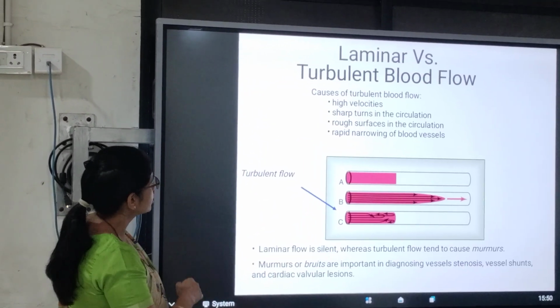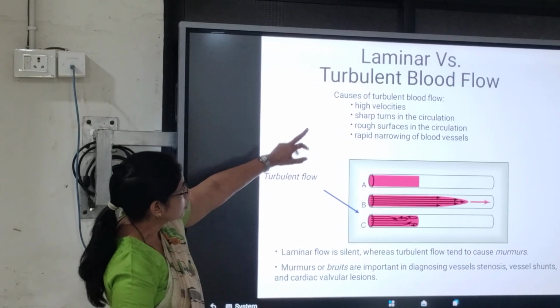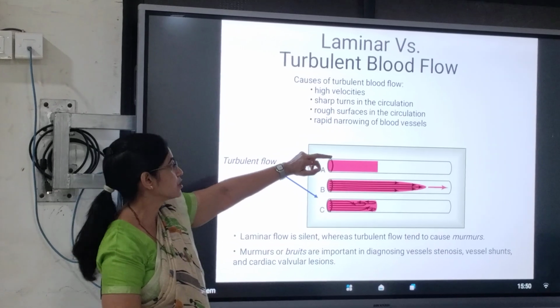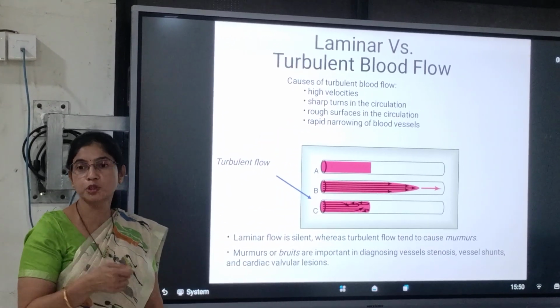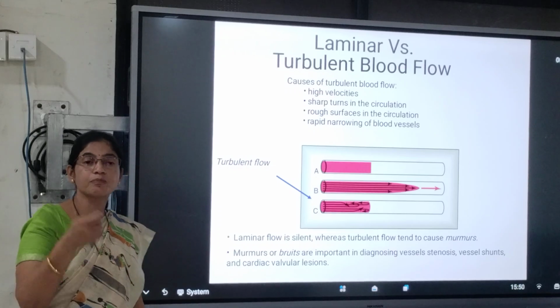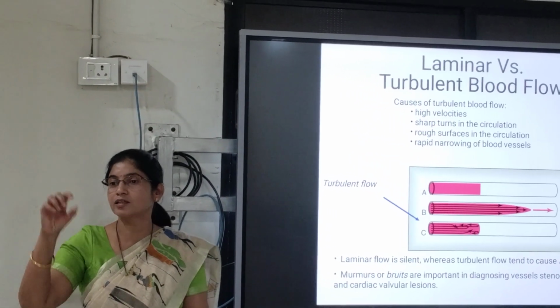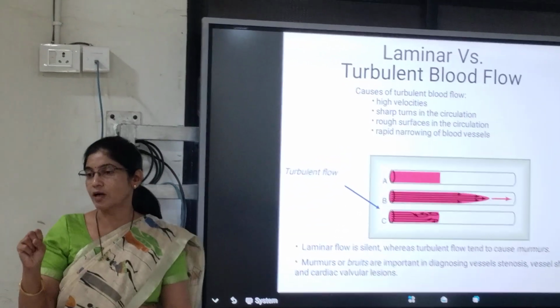So the causes of turbulent blood flow are high velocity, sharp turns in the circulation, rough surfaces in the circulation, an injured blood vessel, atherosclerotic plaques that develop and get dislodged, causing injury to the blood vessel, or rapid narrowing of the blood vessel.